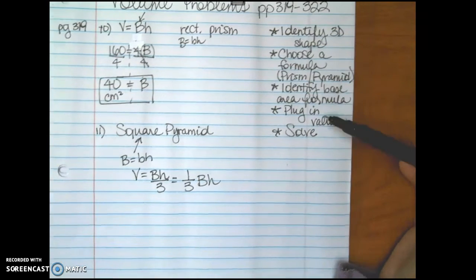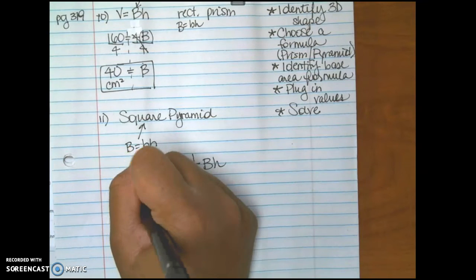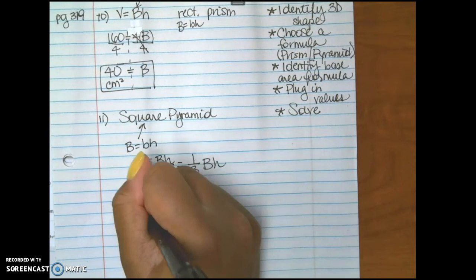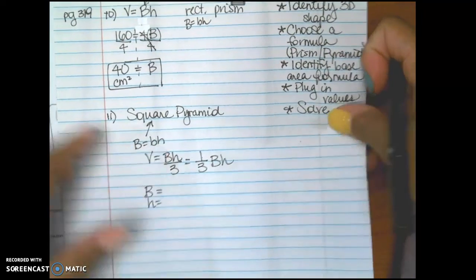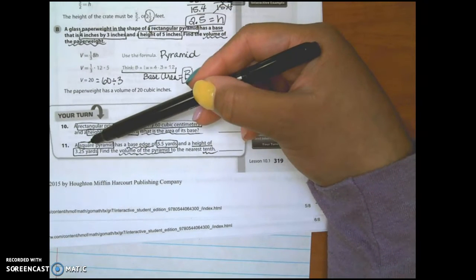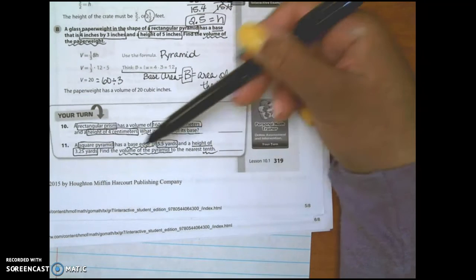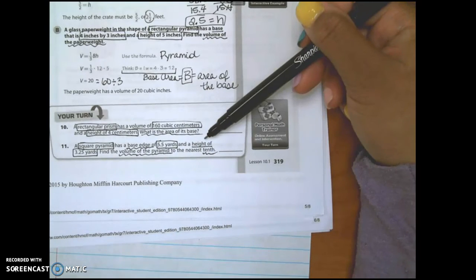So, identify base area formula. Plug in my values. Big B equals who? What is the base and the height of my base? What shape is my base? A square. So what's the base of my square? And what's the height of my square? That's the height of the pyramid.